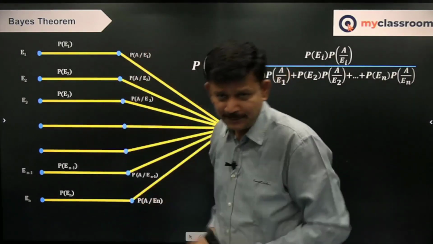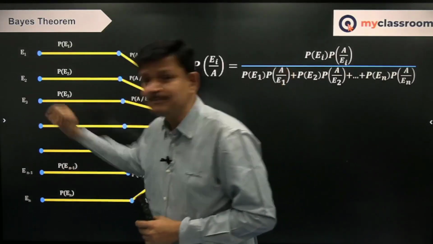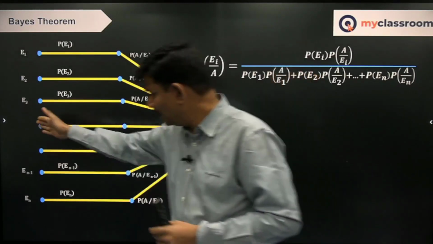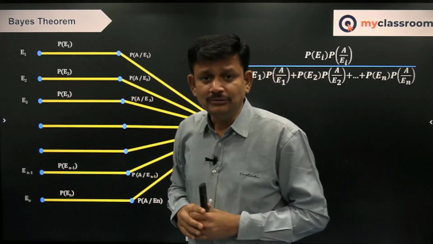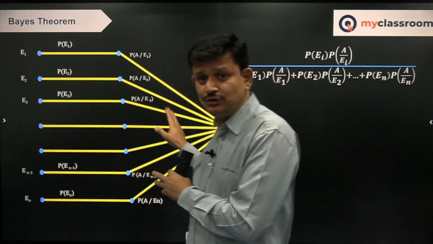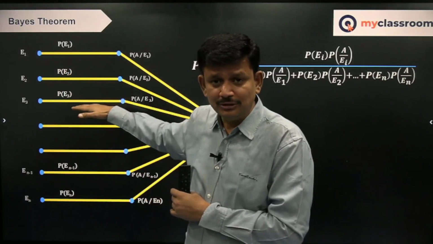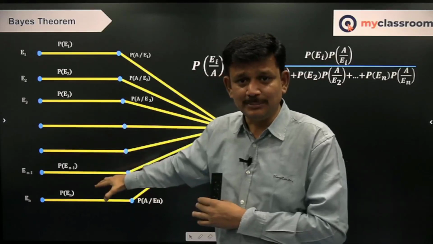They are complete. Let us take an example of a friend traveling from point number 1 to point number 2, from one place to another. Now, he can travel from 1 to 2 either by road number 1 or road number 2 or road number 3, so on up to road number n. He has n options available with him.